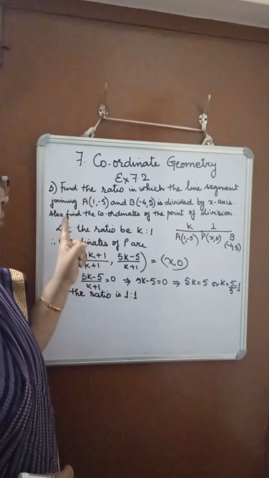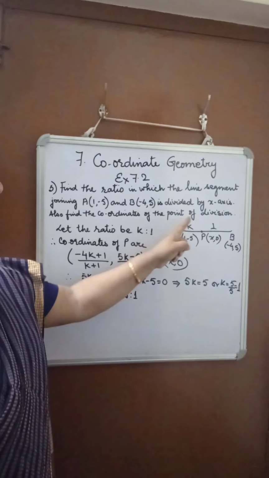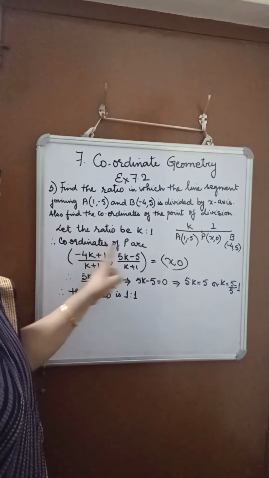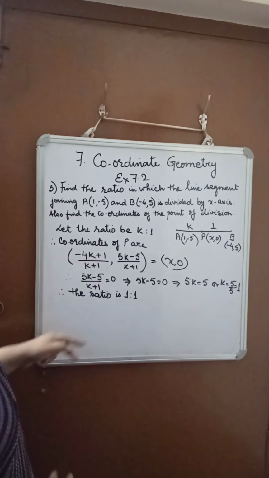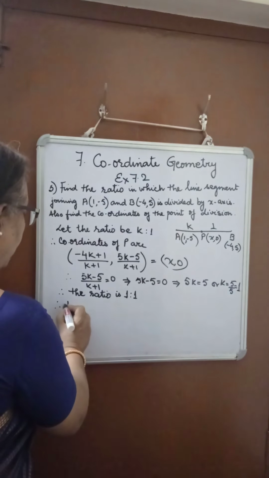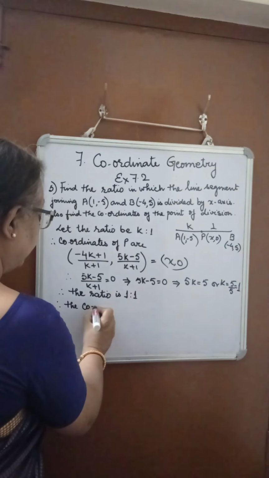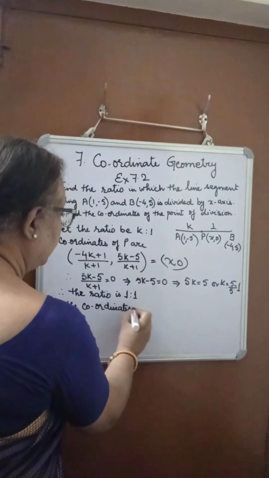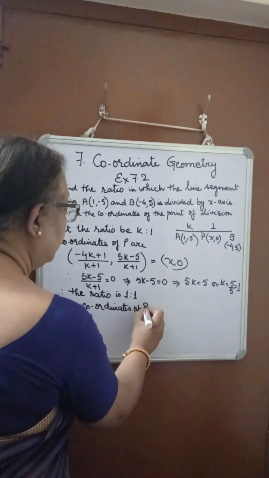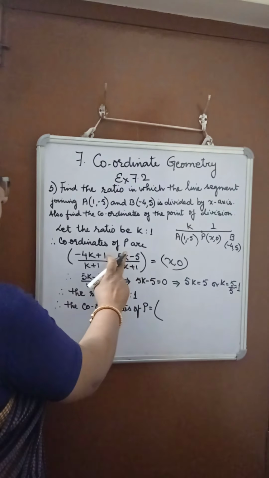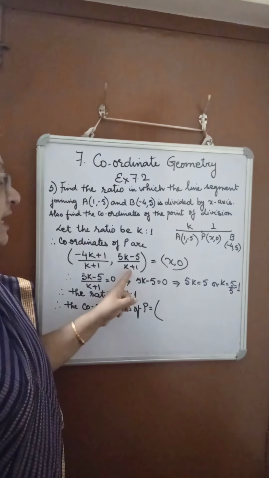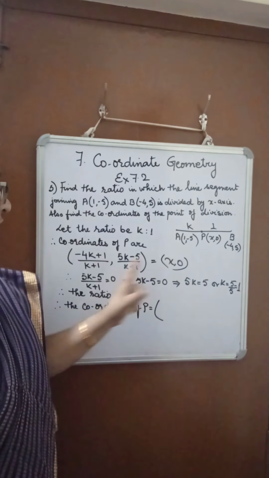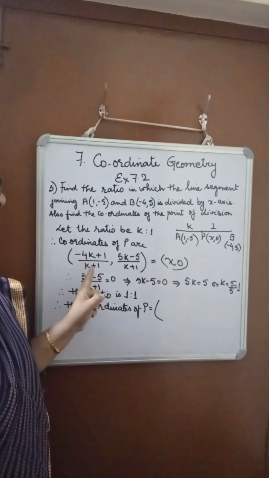We also need to find the coordinates of the point of division. So what are the coordinates of this point of division? The coordinates of P are these, and we now know the value of k, so we substitute the value of k here.